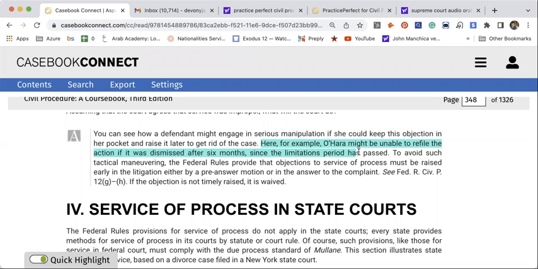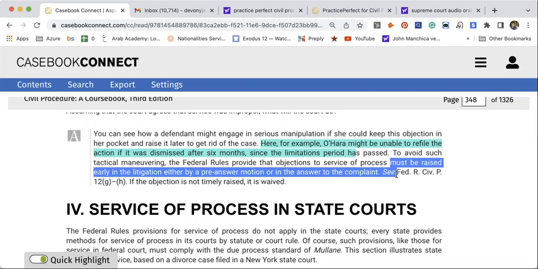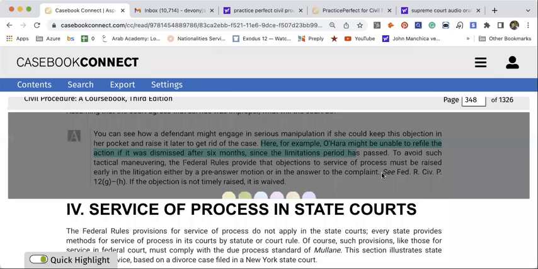To avoid such tactical maneuvering, the Federal Rules of Civil Procedure provide that objections to service of process must be raised early in litigation, either by pre-answer motion or in the answer to the complaint.